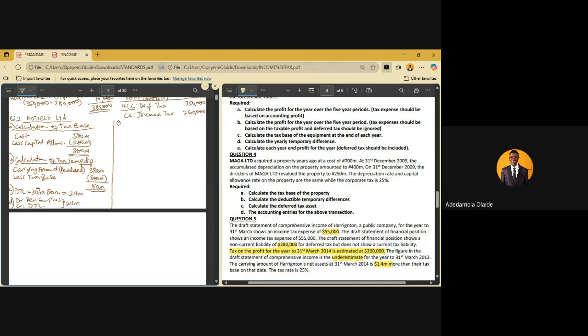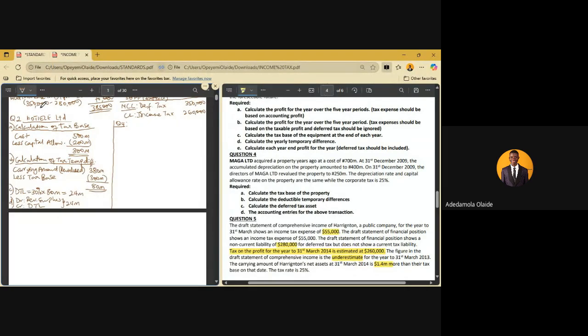So, question 4, we have Maga Limited. They told us Maga Limited acquired a property years ago at the cost of 700 million.